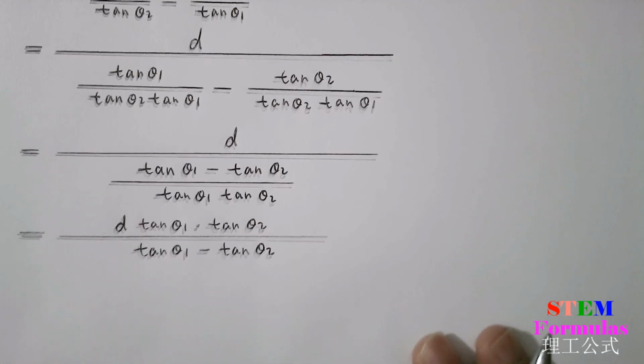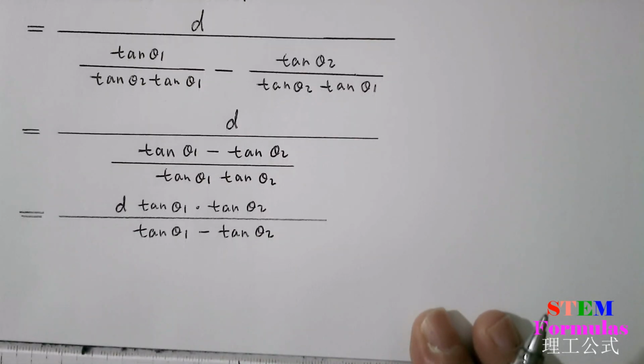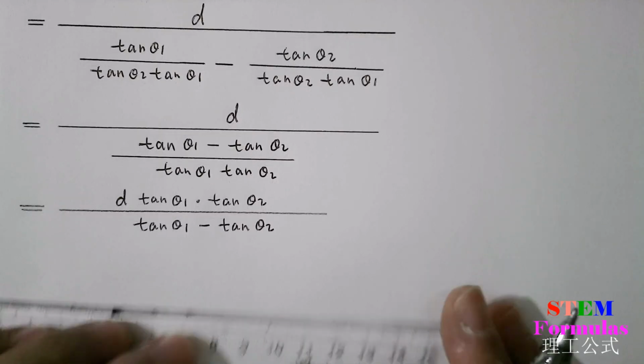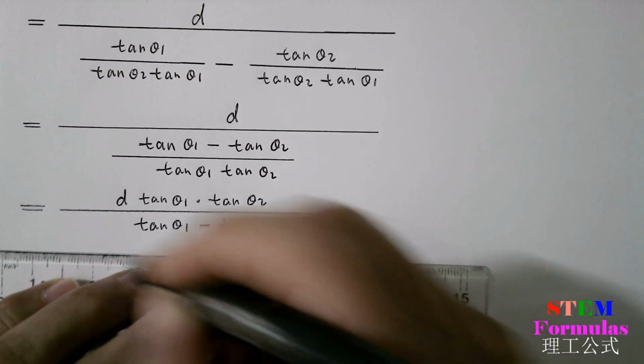Now we need to use a trigonometry identity.